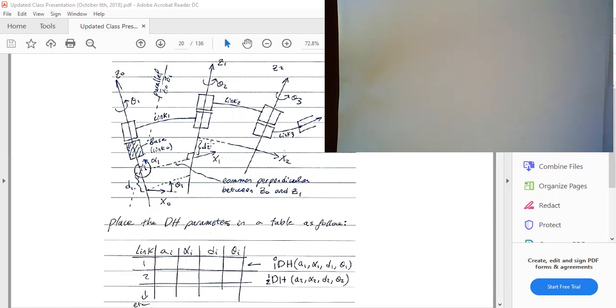You are rotating the second link about the first link. The first link is basically the ground.